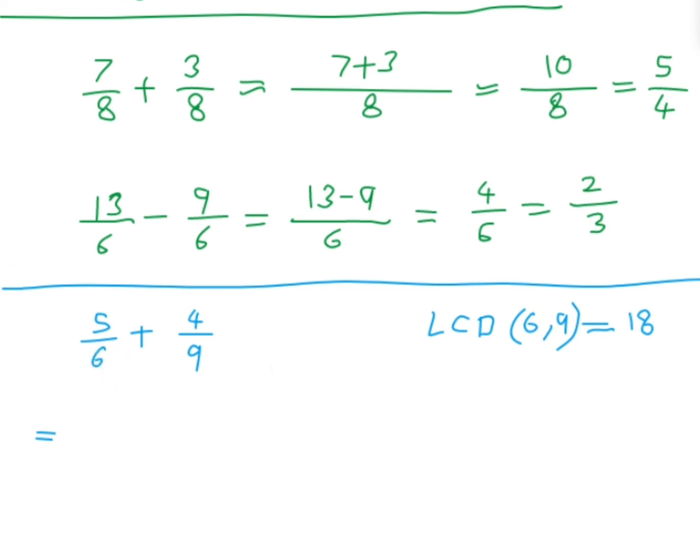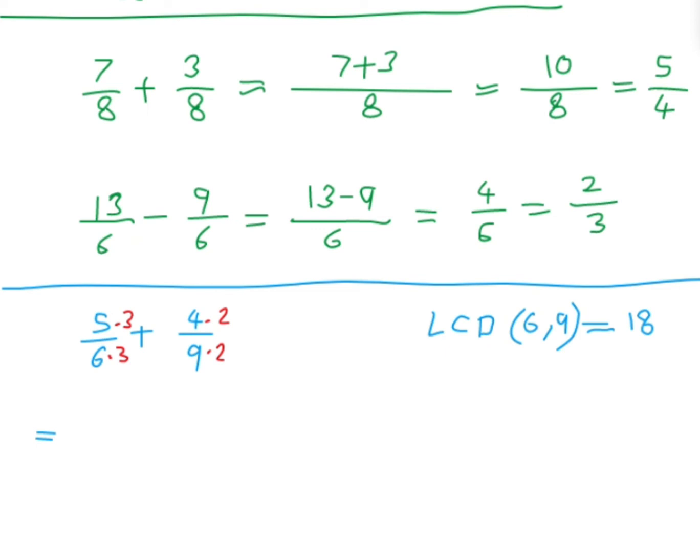For making the denominator 18, what should we multiply? 6 times 3 is 18. Remember, always multiply or divide the numerator and denominator with the same number. Now 9 times 2 is 18.